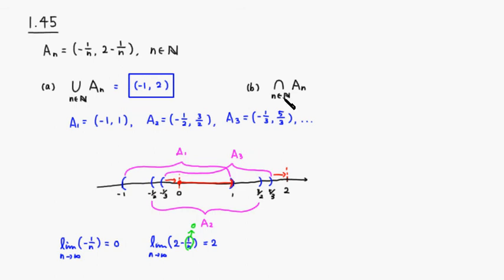So the intersection is the collection of all common points, from 0, which is always included because the left endpoint is slightly negative for every interval, all the way to 1, with an open bracket there. This is the intersection of all these A_n. That's it. I hope that this was clear.